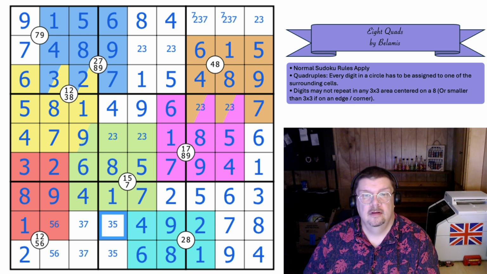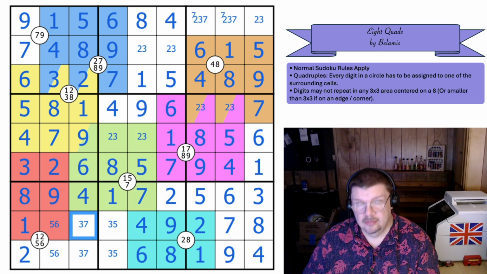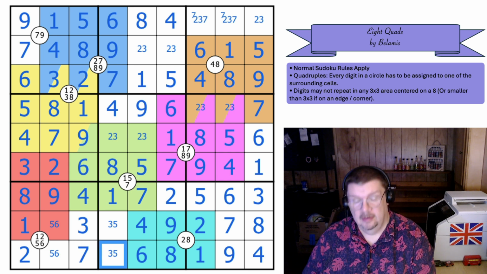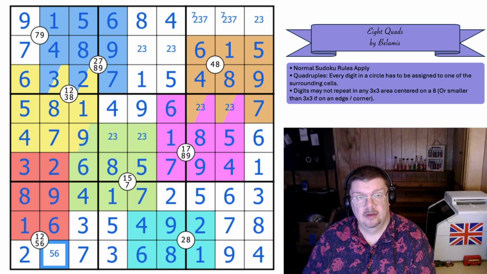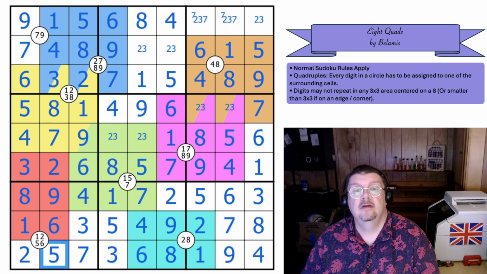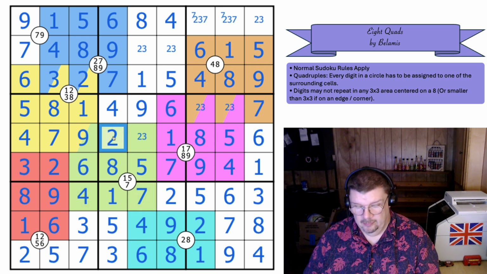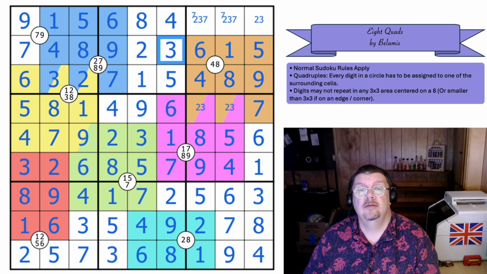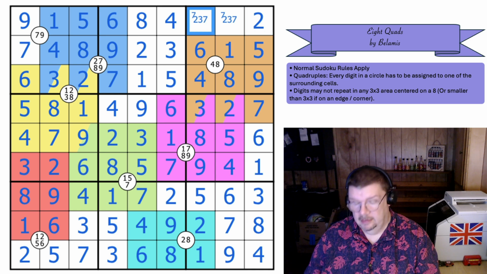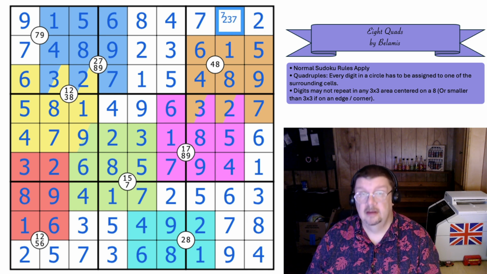That is the 3 and the 7. 3 and 5. 6 and 5. This 3 looks up to give 2, 3, 2, 3. Get a 3 there, a 2 there, a 2 there, a 7 there, and a 3 there.